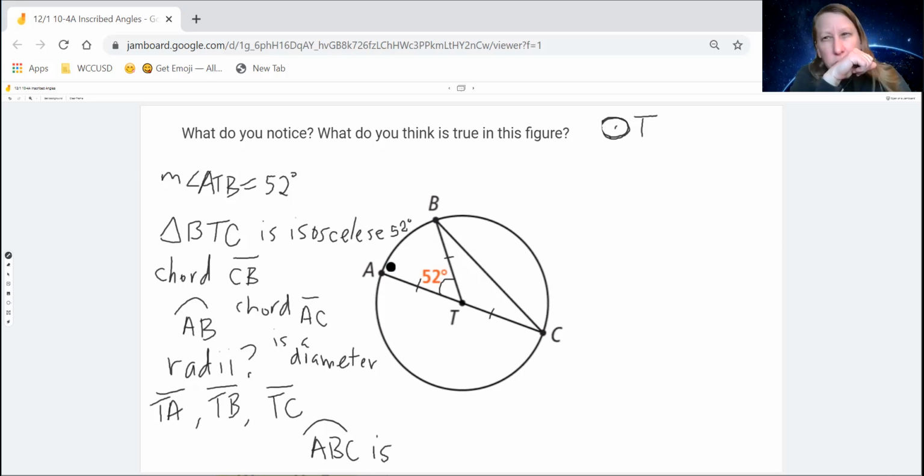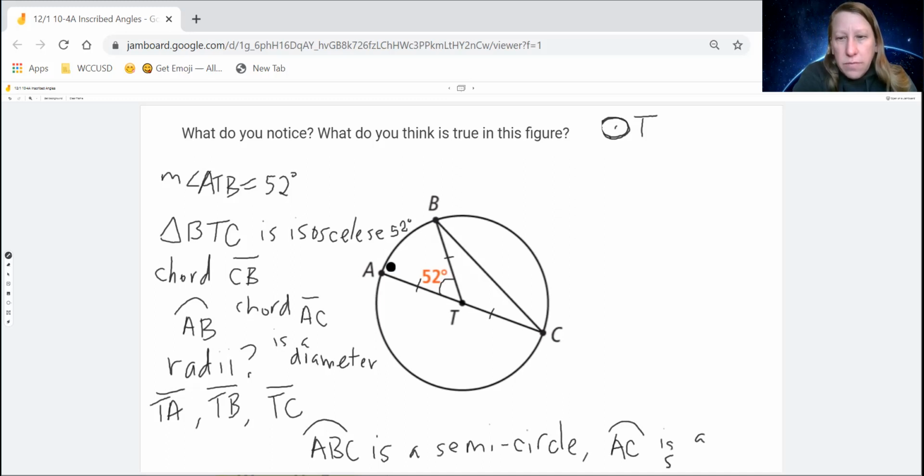I don't know if I told you guys this. What's it called when it's half a circle? The arc ABC is a semicircle. We could also say that arc AC is a semicircle. And if it's a semicircle, how many degrees is it? 180. Half a circle, right?